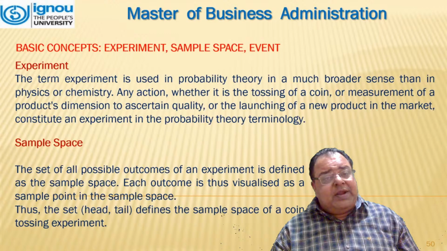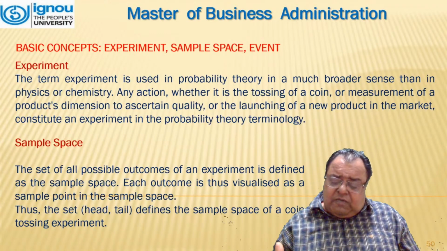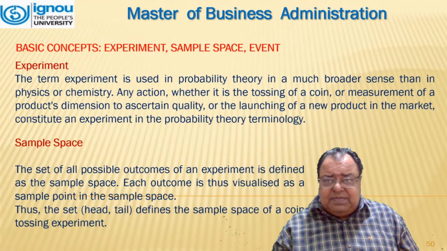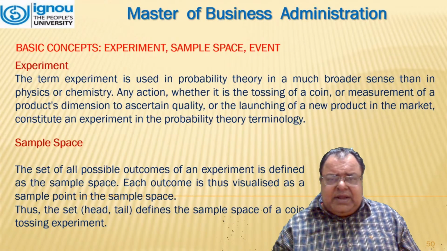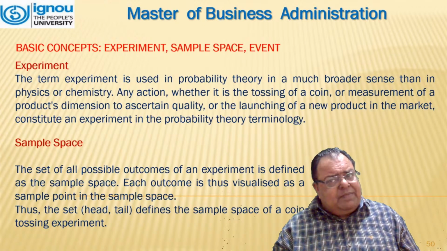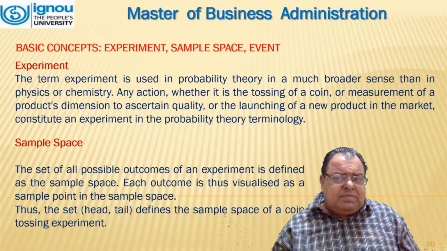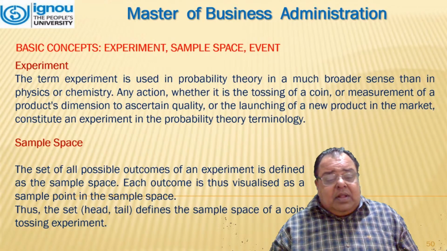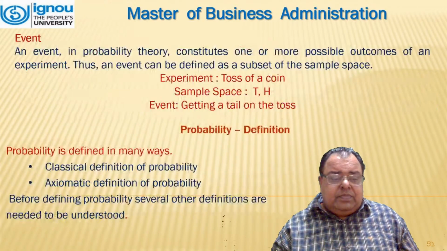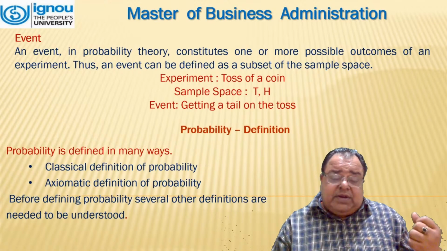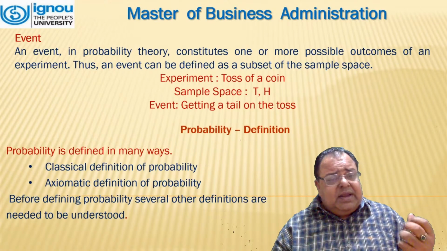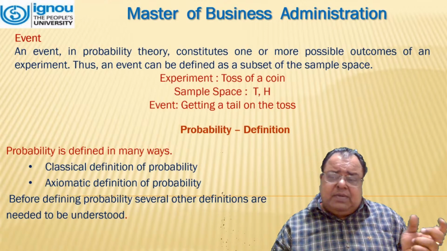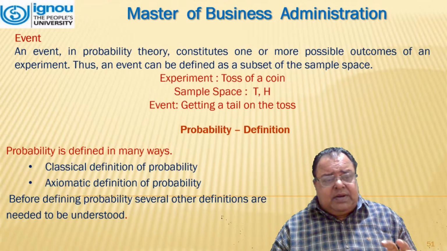Second one is sample space. The set of all possible outcomes of an experiment is defined as the sample space. If we talk in terms of a flip of a coin, the sample space will be either a head or a tail. Then comes your event. An event in probability theory constitutes one or more possible outcomes of an experiment.